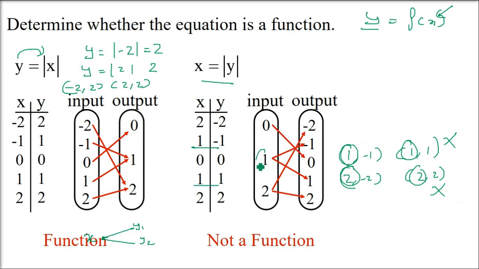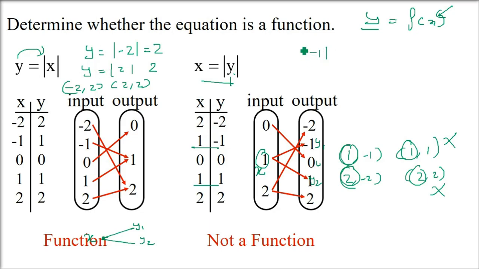A single value of x cannot give you multiple values of y. That is the definition of function. Okay? I hope you got the idea. Though y is equal to mod x and x equal to mod y look exactly the same, just changing the position, because y equals f of x, things changed.